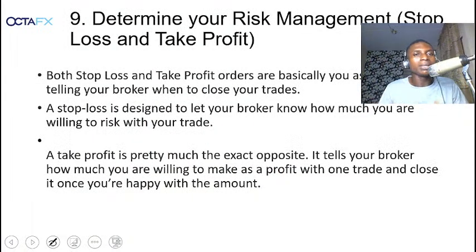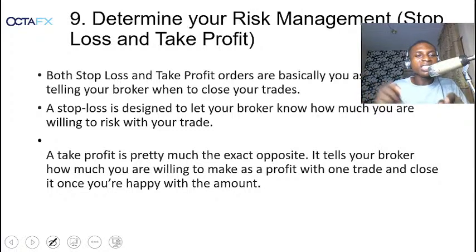Now, number 9. Determine your risk management. This is stop loss and take profit. At this point, we're talking about stop loss and take profit. Both stop loss and take profit orders are what you, as a trader, use to tell your broker when to close your trade.